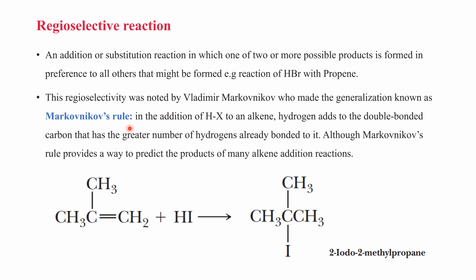That is called Markovnikov addition. If it is opposite to that, we call it anti-Markovnikov addition. Right now, this is Markovnikov addition, and the product we get is 2-iodo-2-methylpropane.